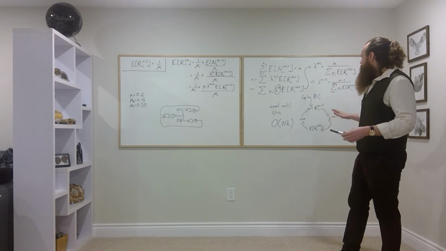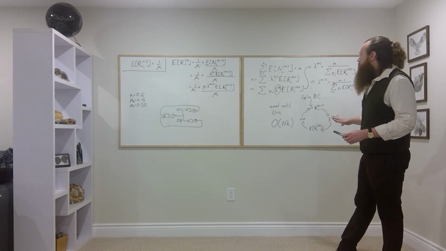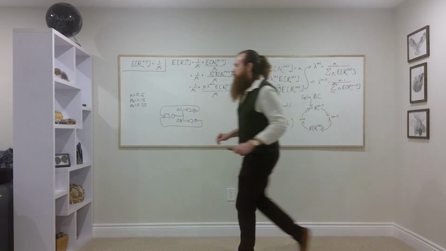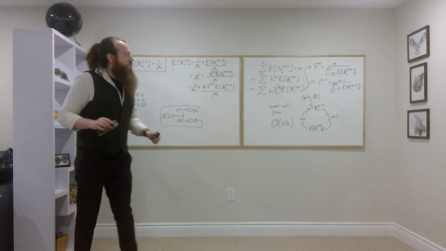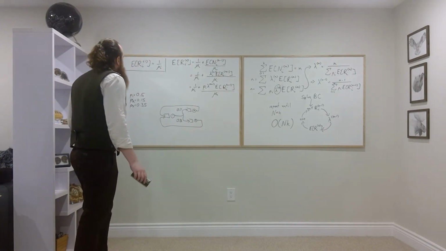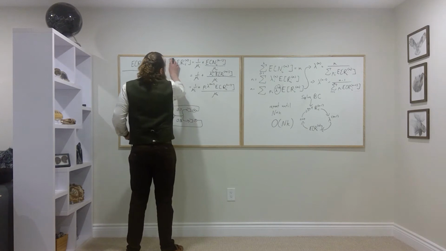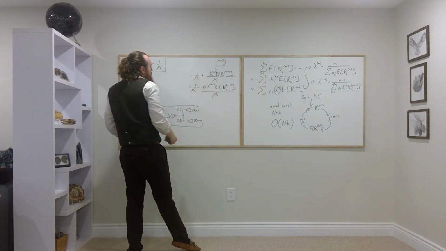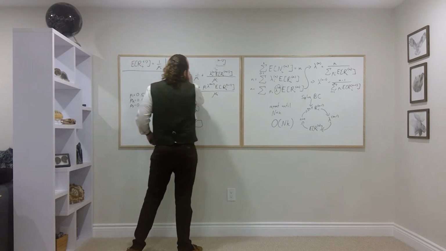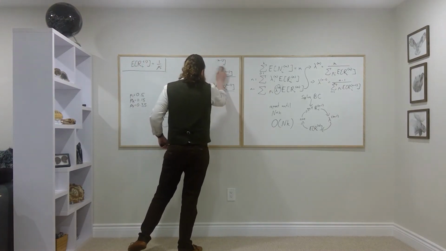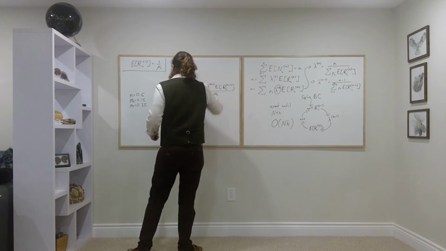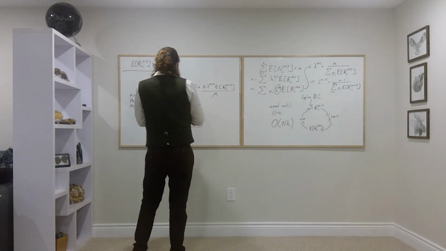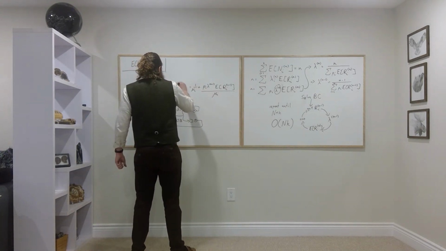Okay, so given all of this, let's try and solve, and I'll do my best to erase all the derivations, but leave the equations up here so I can use them. Let's try to solve this network for capital N equals 3. So this is my first equation.